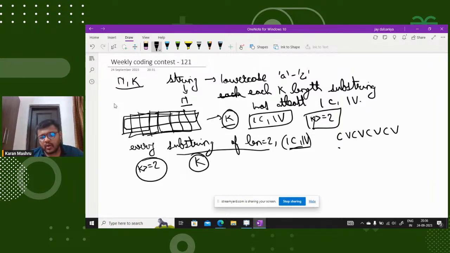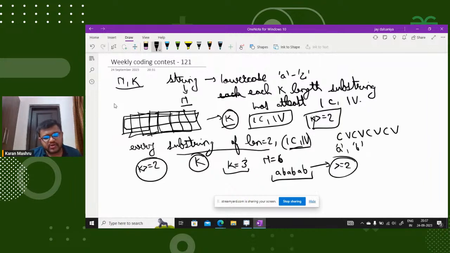So let us take the vowel as small a and the consonant as small b. Let's suppose my k is 3 and my n is 6. So I'll place a b a b a b until the length of the string is achieved. I have got 6 characters, that is the length of the string, and my k is 3. Now every substring of length greater than or equal to 2 will have one consonant and one vowel, because every substring of length 2 has one consonant and one vowel.